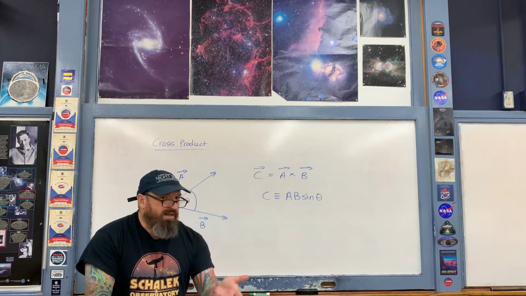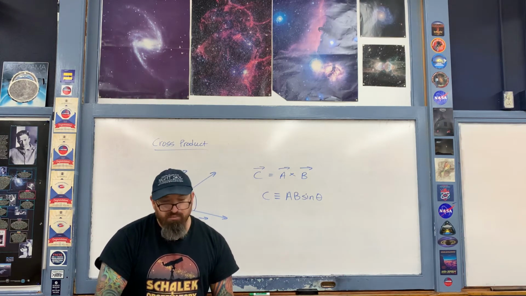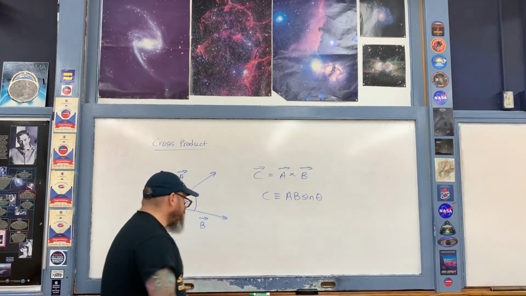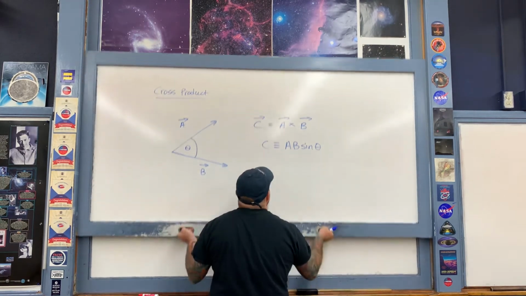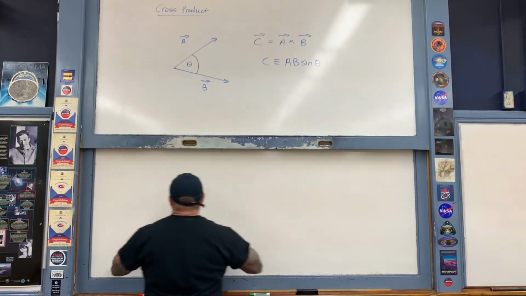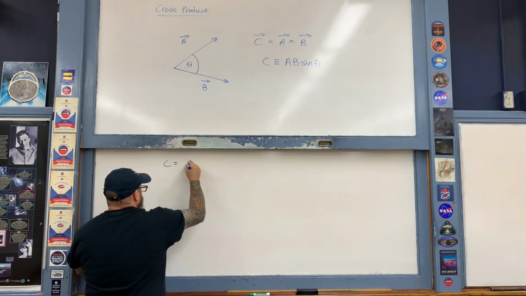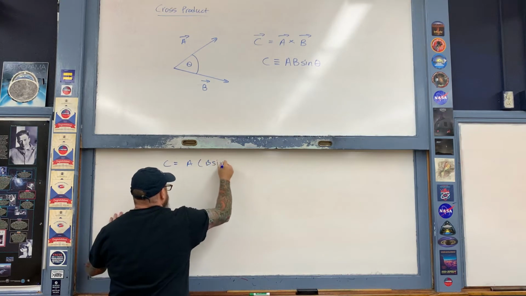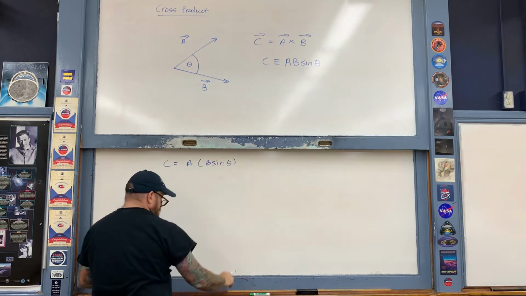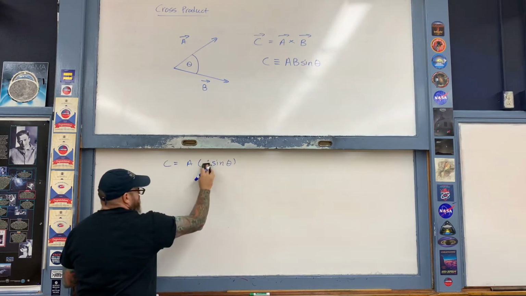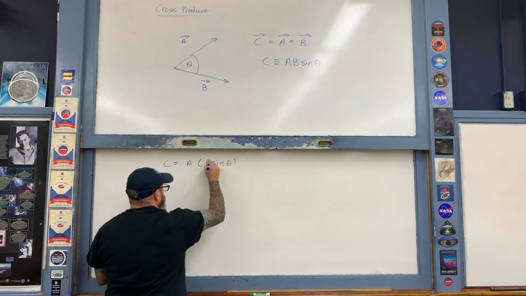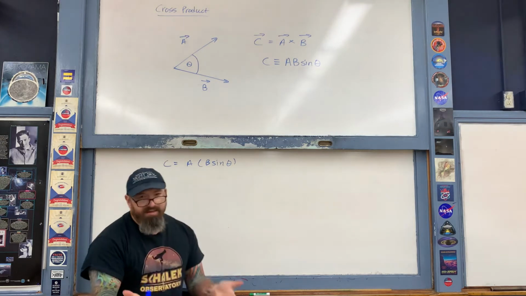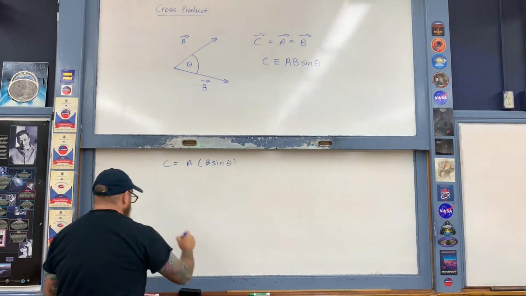Okay, now what exactly is being multiplied together here? Well, you can think of it a couple of different ways. So for example, let's say that I write the vector C as A times quantity B sine theta, like so. Okay, if I think of it like that, then the following is being multiplied.